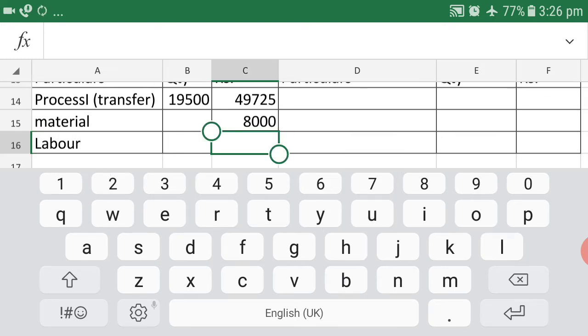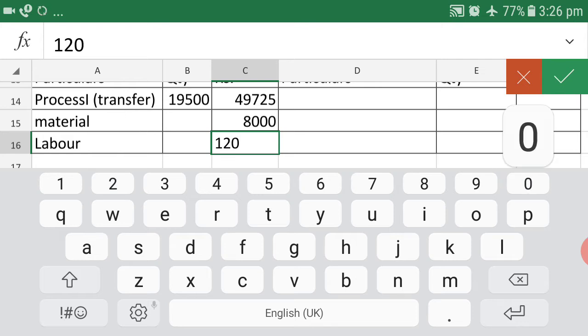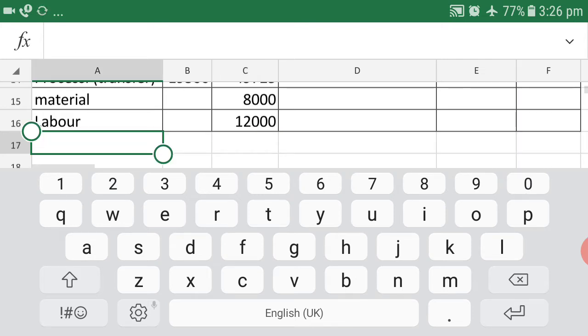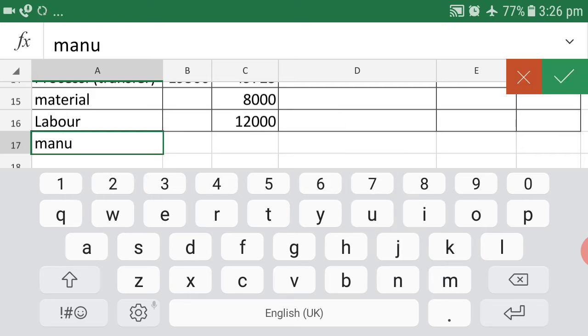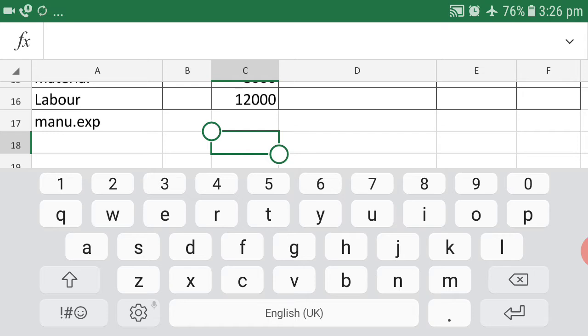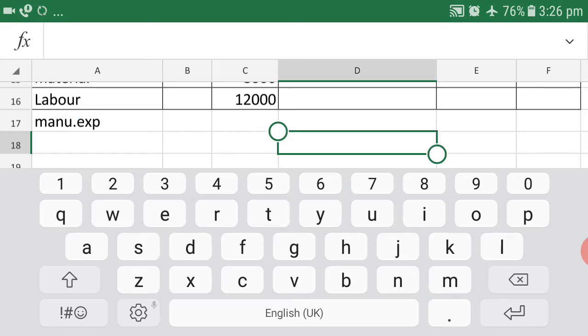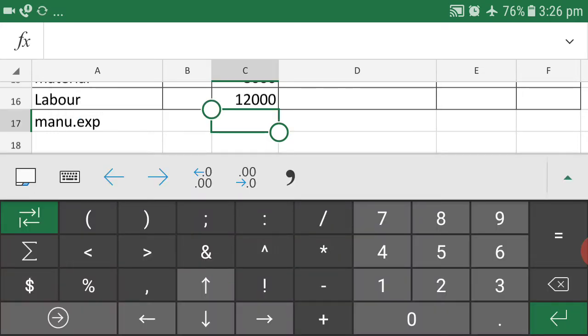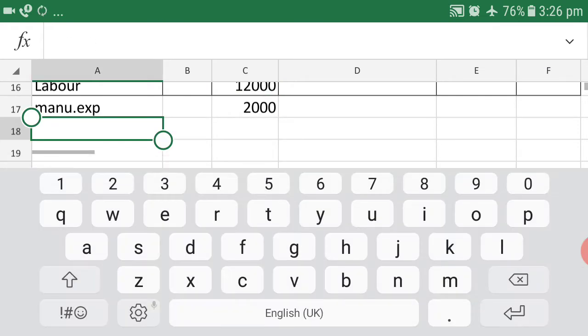Amount is also given here, 12,000. Next item, manufacturing expense, amount rupees 2,000. So debit side items are over.